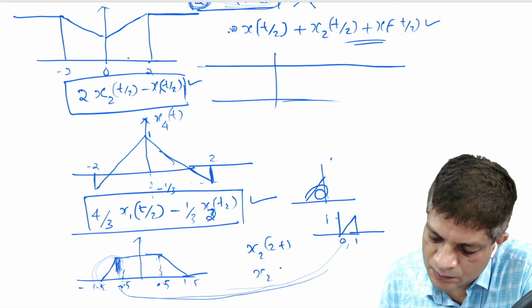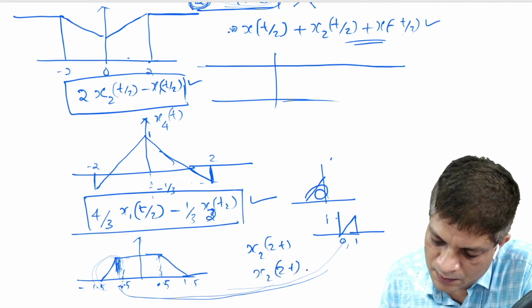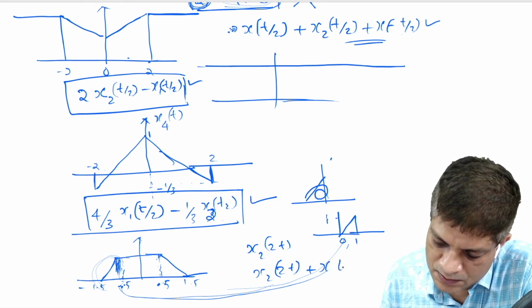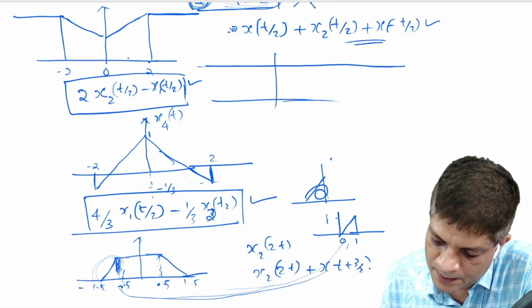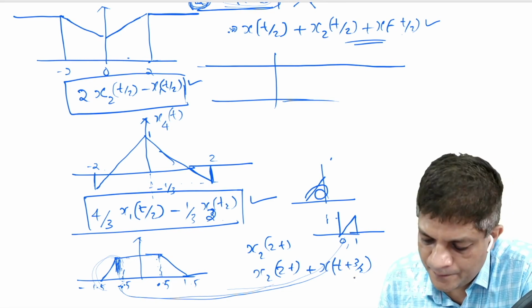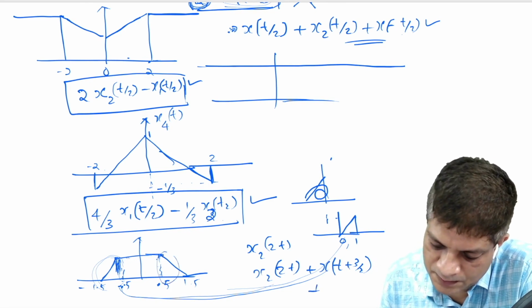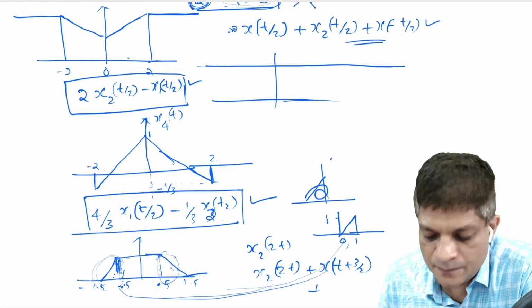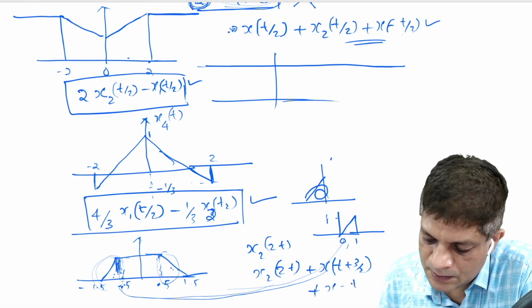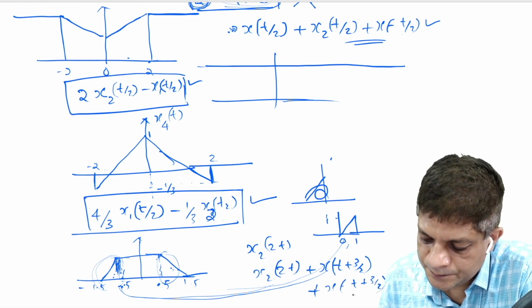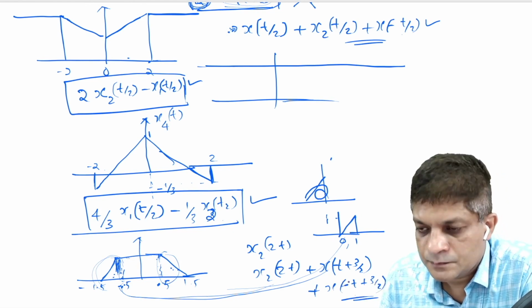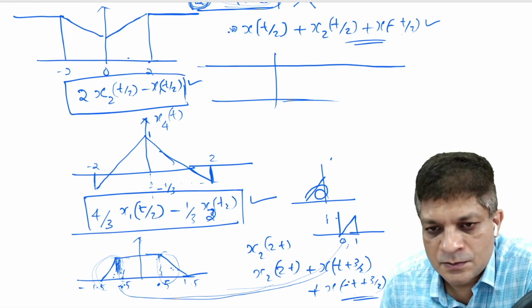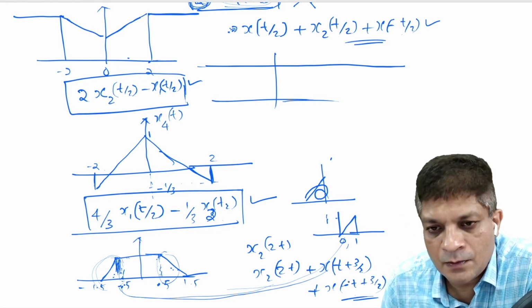So it is x2(2t) plus x(t plus 3/2). Then plus, what about this part? Are they mirror images? Mirror image, yes. So plus x(minus t plus 3/2). Okay. Again, this is not a unique answer. You can have different combinations.